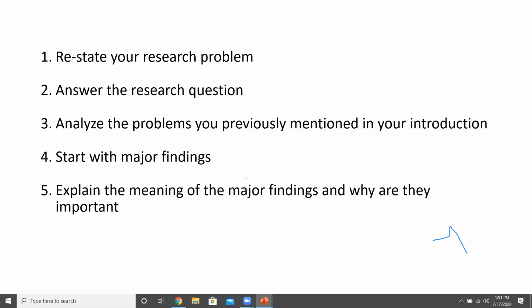Why are we talking about this? It brings the reader to a state of questioning your research paper, and you don't want the reader to feel that way. Start with your major findings and then move on to the next findings. Explain the meaning of the major findings and why they are important.